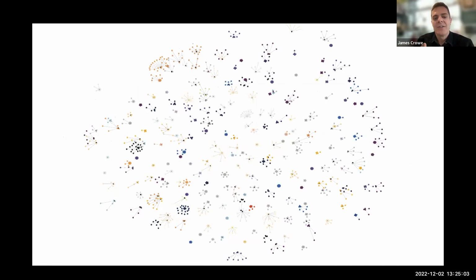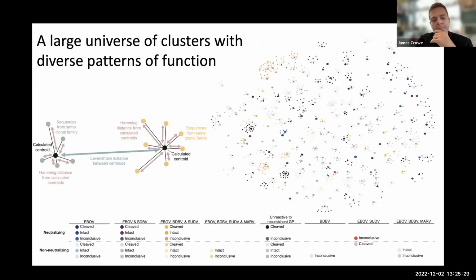This is an infographic. So the orange ones are broadly reactive. So they'll get Bundibugyo, Zaire, and Sudan, which is highly desirable, lots of species. And the purple and blue ones are more species specific. So you can see the clusters of antibodies in this person. Some of them are very broad. Some of them are species specific. So there's a lot of phenotypes, but anything you want is present in this person's repertoire.